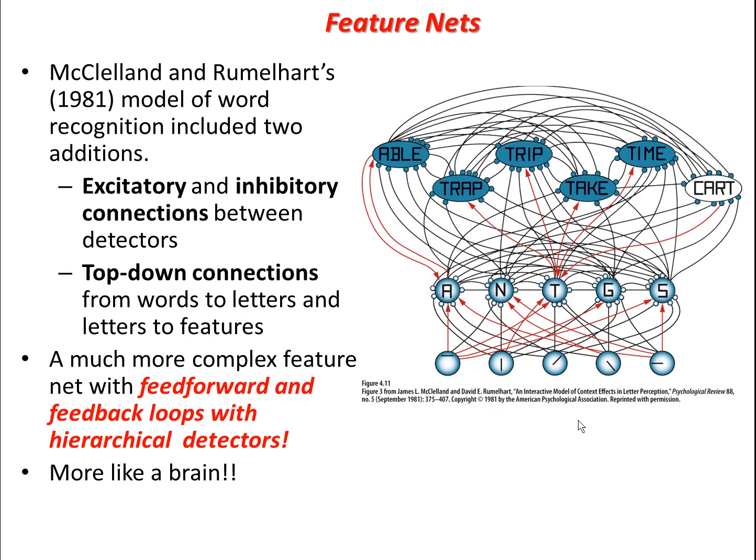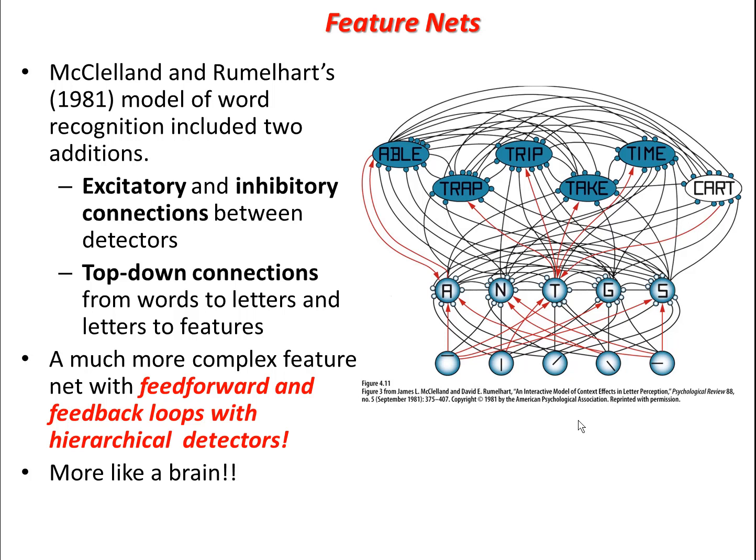McClelland and Rumelhart proposed a more recent model of word recognition, which includes many of these features that we've been talking about, but also adds inhibitory connections between the detectors. So, for example, the HT would in fact be inhibited by the possibility of an AT. And they also included top-down connections from words to letters.